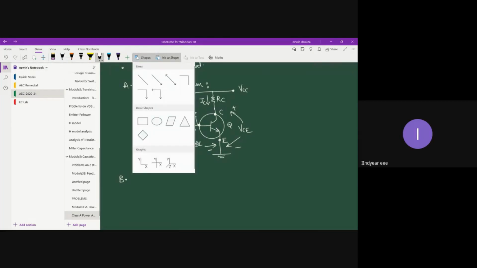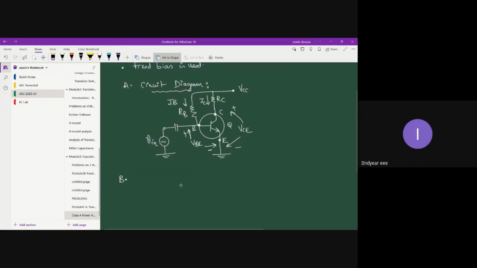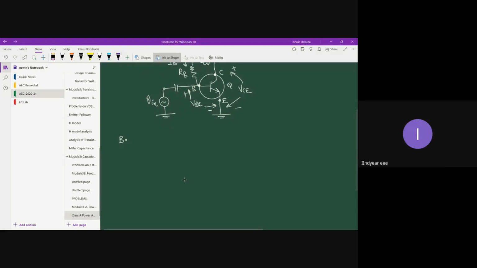In graphical based analysis, first we draw the transistor output characteristics. Let's say this is the transistor output characteristics.